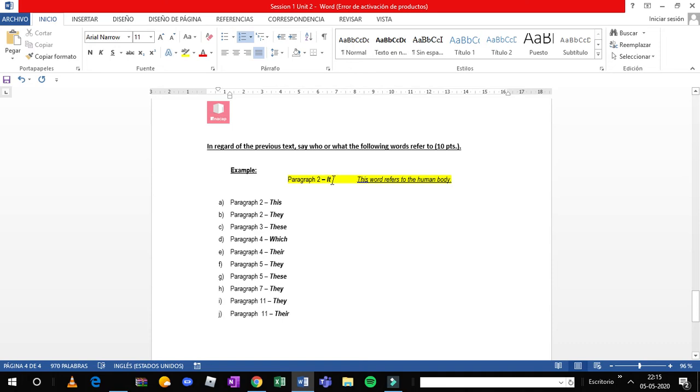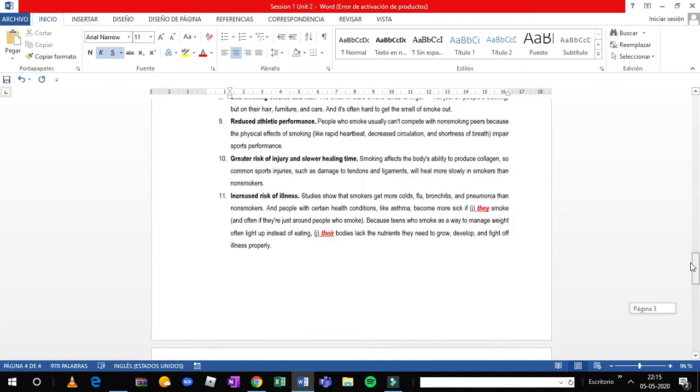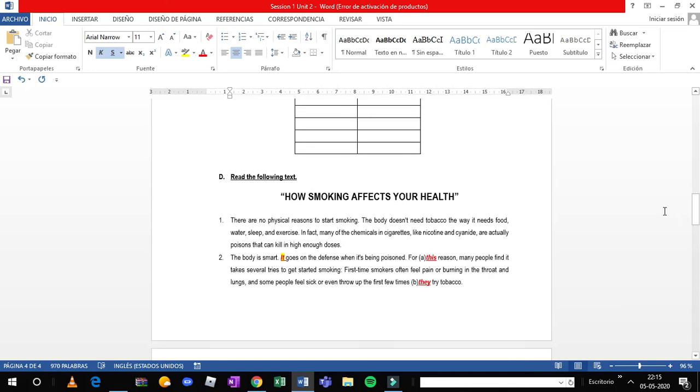Paragraph 2, it. This word refers to the human body. Es decir, esta palabra, it, se refiere al cuerpo humano. Si ustedes van acá, se van a dar cuenta que la primera oración que aparece ahí es the body is smart. It goes on the defense. Por lo tanto, it corresponde al cuerpo humano.